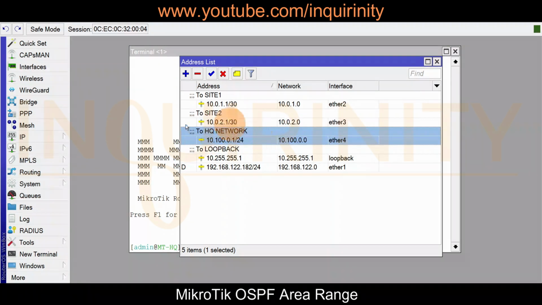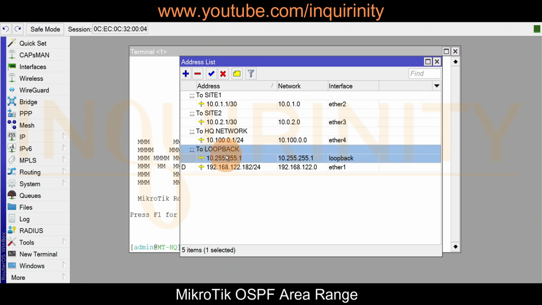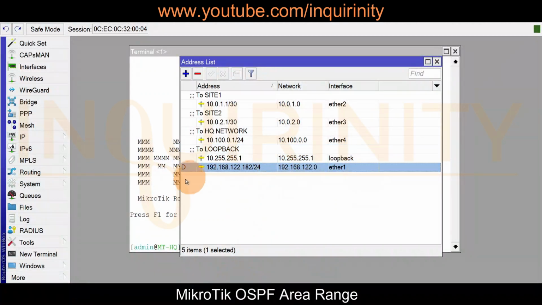This will be our HQ network, 10.100.0.0/24 on ether4. We have a loopback interface with the IP 10.255.255.1/32. And finally, rounding out the IP addresses is our very basic IP DHCP client, which connects to our upstream router. So we have on ether1 our connection to the internet.